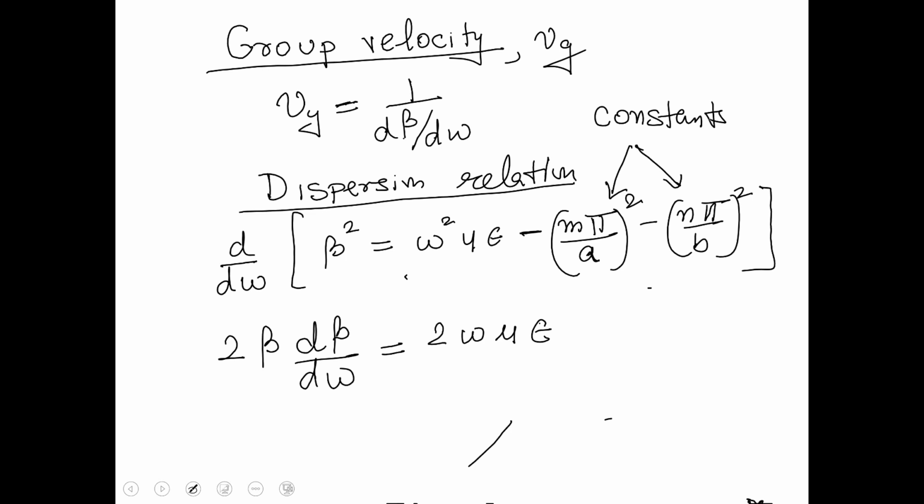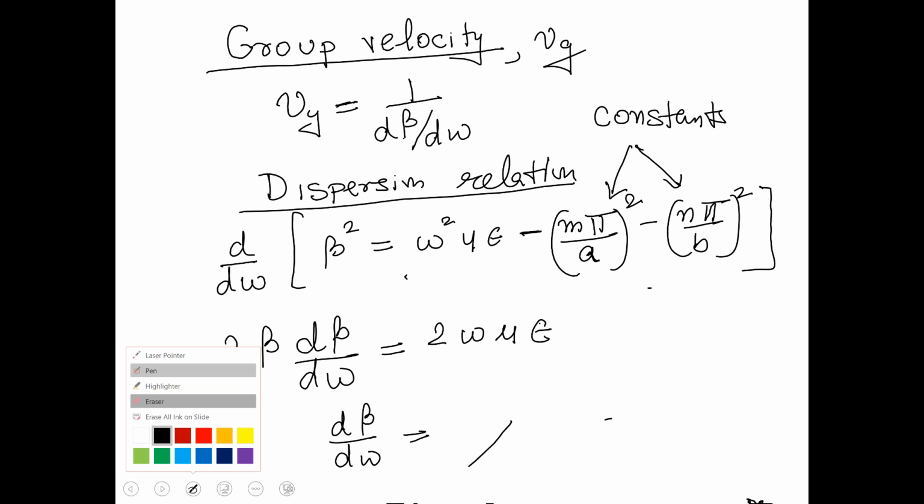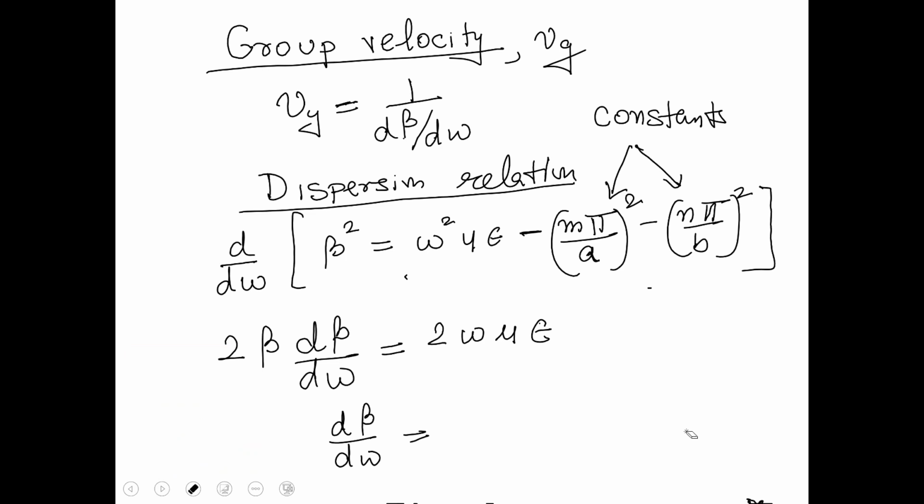So when I take a derivative with respect to omega, those go to 0. So all that is basically left. What I'm looking for is d beta by d omega. So I get d beta by d omega as omega mu epsilon by beta.